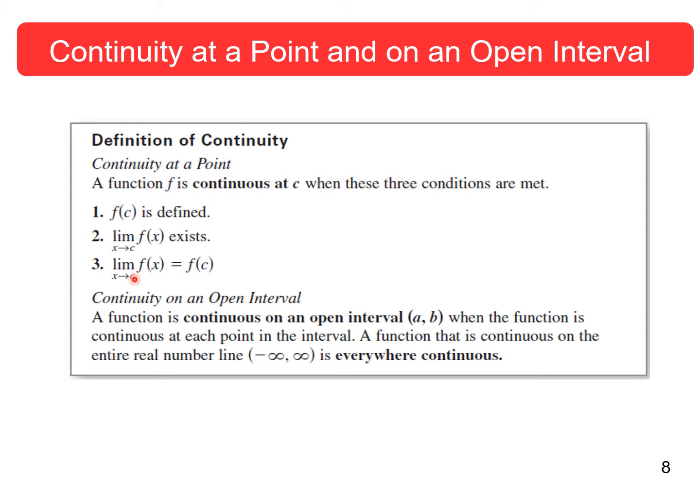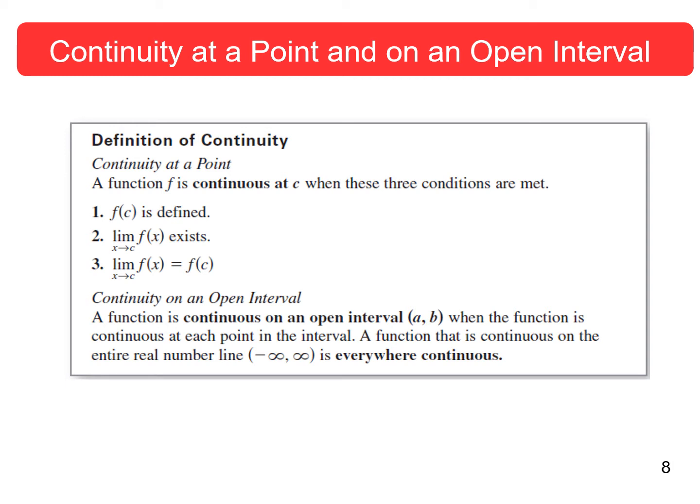Third, the limit of the function f of x as x approaches c is equal to the value of the function evaluated at c. If all these three conditions are satisfied, we say that the function is continuous at the point c. Now, let's define continuity on an open interval.